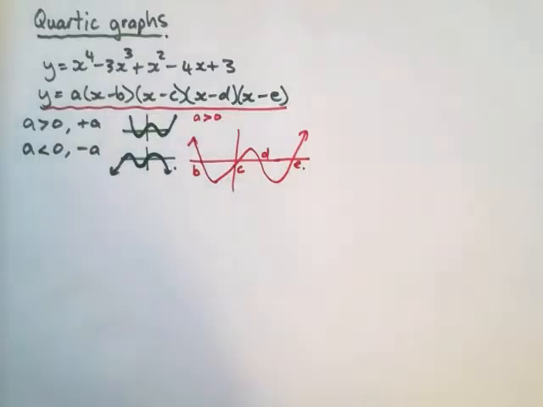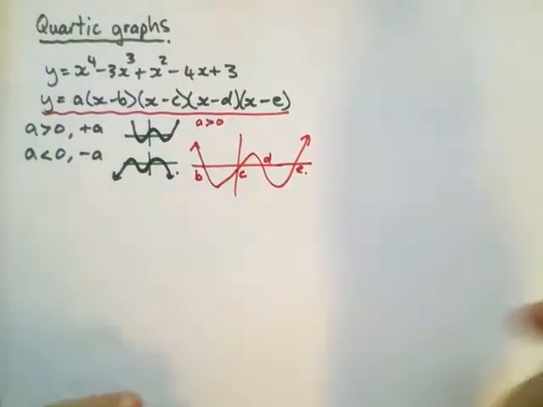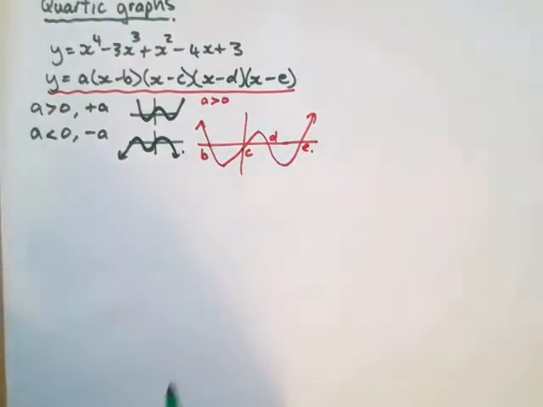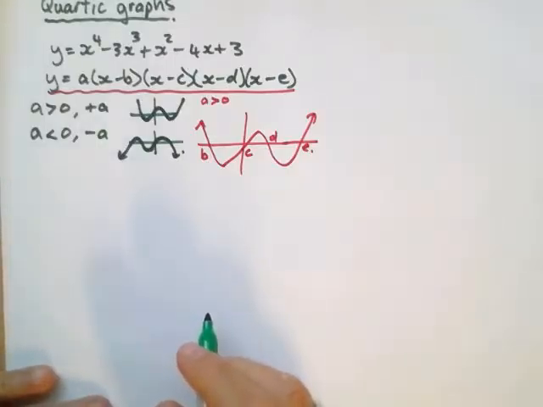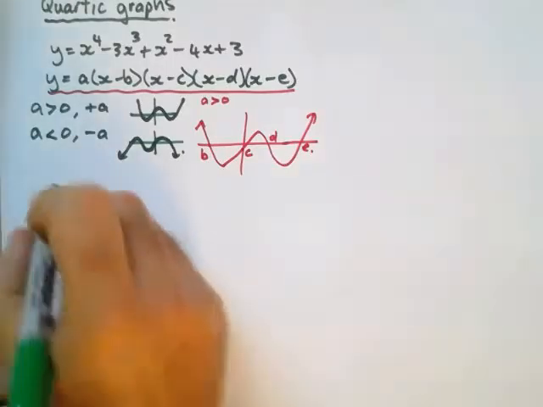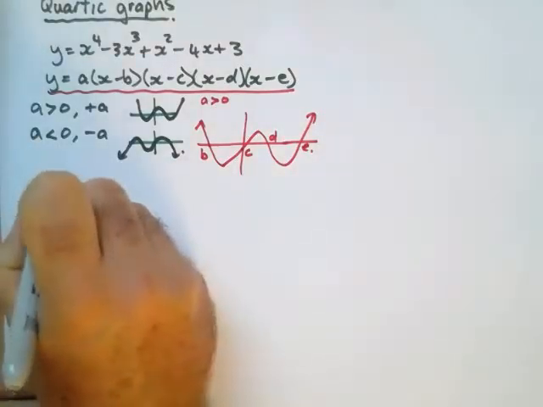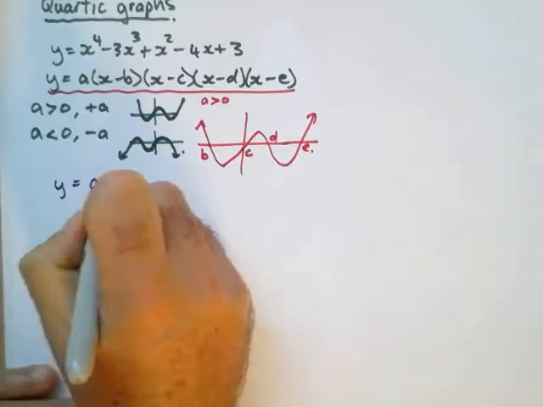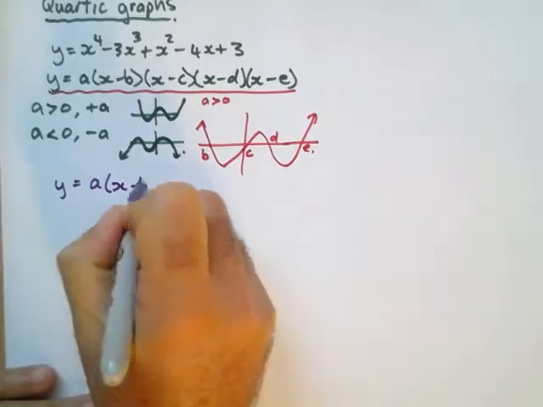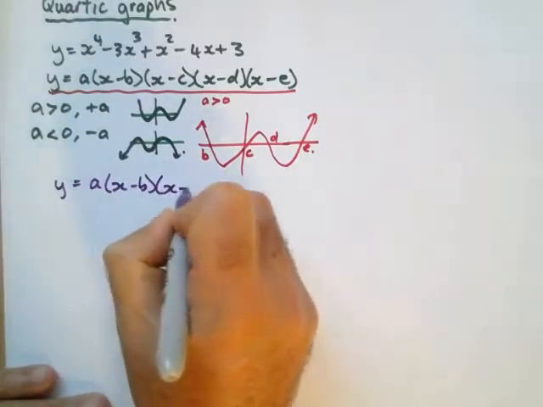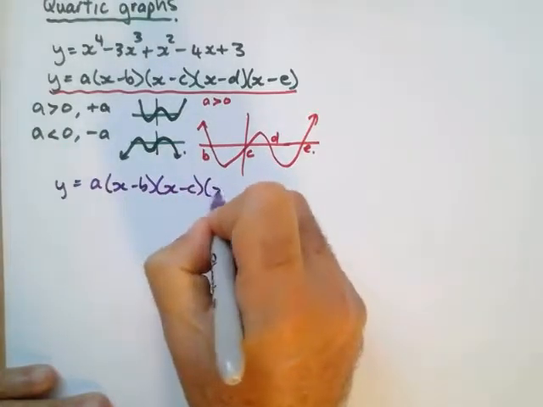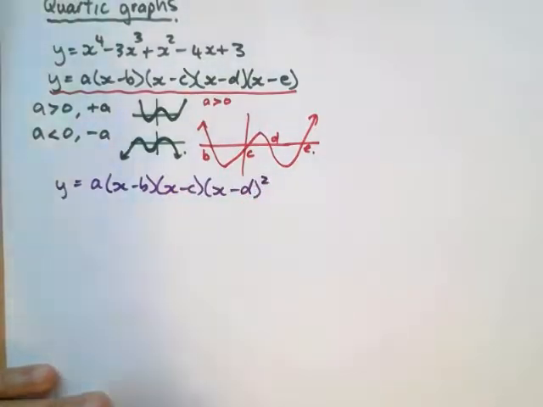There are a few things that can happen. A factor may occur twice. In other words, we can have something like y equals a(x minus b)(x minus c)(x minus d) squared.